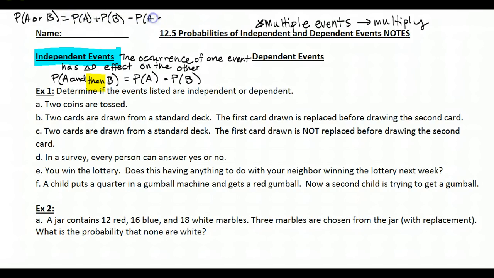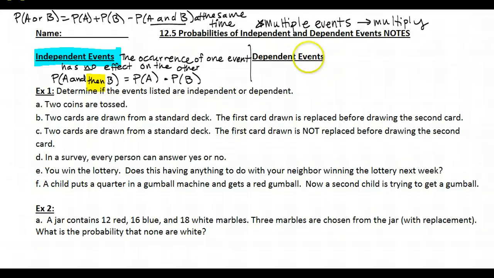That probability of A and B meant A and B happening at the same time, like if I draw one card, what's the probability of a king and a red card or something like that? This probability of A and B are two separate things. So what's the probability of this happening and then that happening? Confusing. We'll work on it. So anyways, that's independent events.